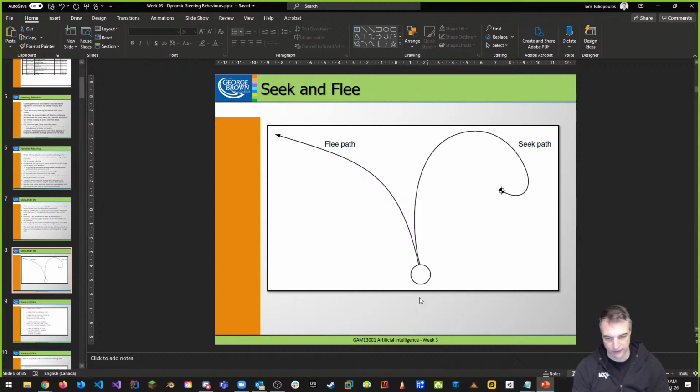Notice that the path for fleeing is a lot smoother than the path for seeking, where I have to continue to turn. The turning is going to happen around a turn rate, because realistically, my player's avatar, even if it's a character, isn't going to spin on a dime. It's going to have a turn rate. Think about this as a bird or some kind of plane or a spaceship that's flying. It's going to have to turn with some kind of turn rate.